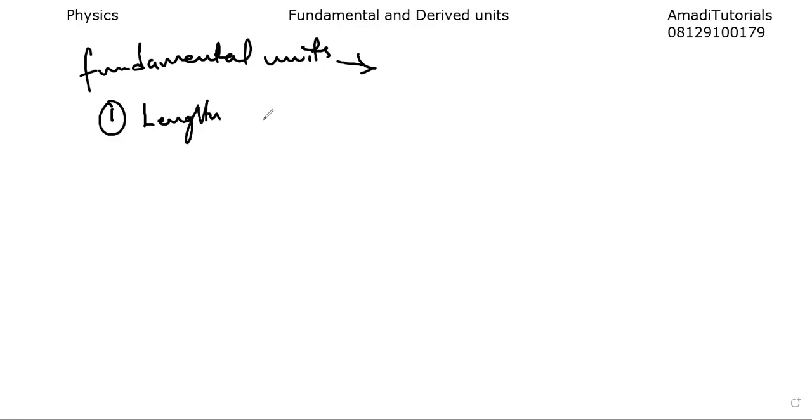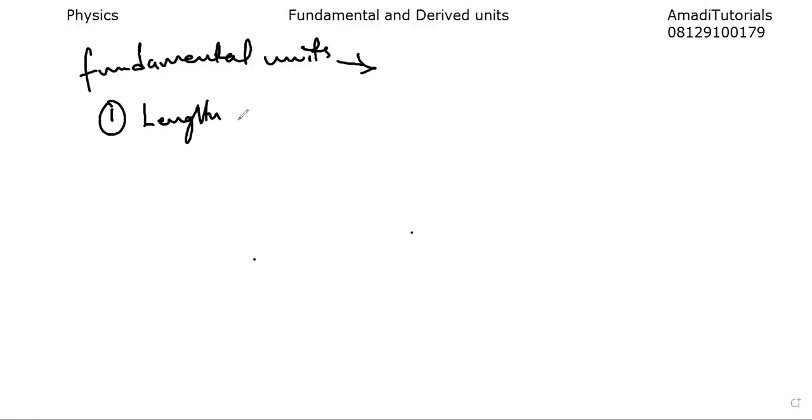Of course, what is length? Length is a measure of distance between two separate or distinct points. Like if you say between this point and this point, the distance is a length. You understand? So length is the first fundamental quantity that should be measured.